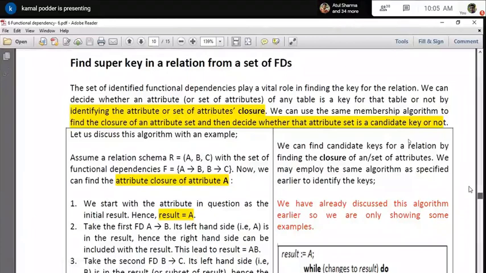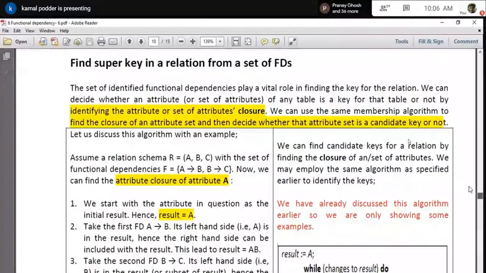So if you have identified too many functional dependencies, and some of them are really redundant because they can be implied or inferred from other functional dependencies, then it will take a long time for any query to execute or for any other operation in the database. So it is always needed that you should drop the redundant FDs also.